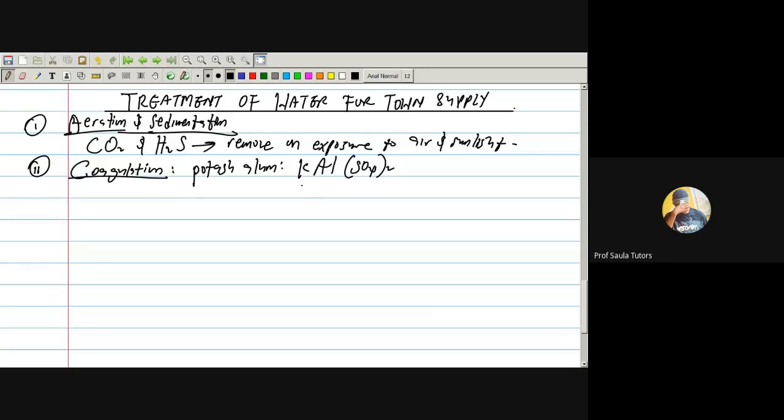And we have sodium dioxoaluminate(III). This is also used for coagulation. If we say coagulation, what does it mean? That is to make the particles suspended in water clump together. The clumping is what we call coagulation.